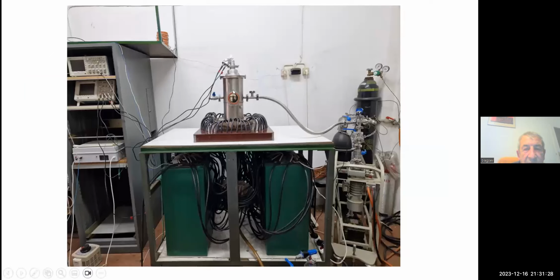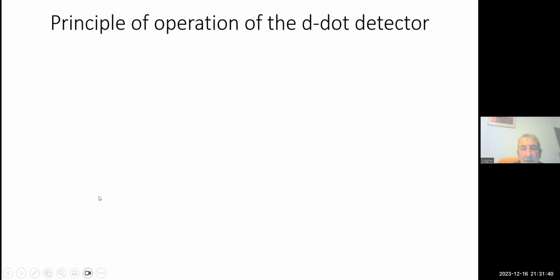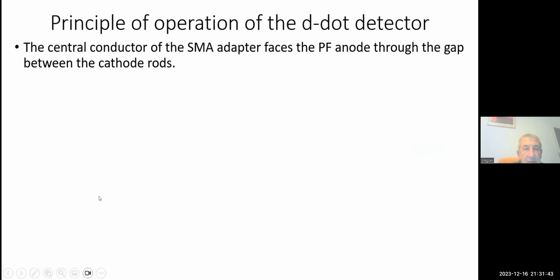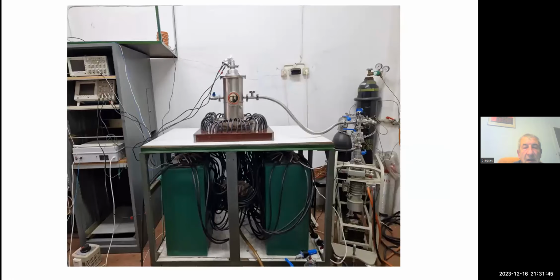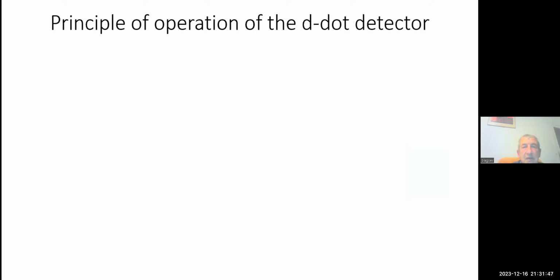Here is the picture of our PF device: chamber, capacitors, vacuum spark gaps, oscilloscopes, charger. Oh, it disappeared. Oh, yes. The next slide is the principal operation of the D-dot probe detectors.